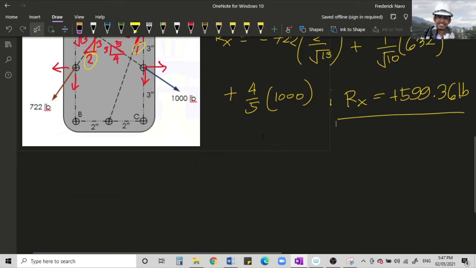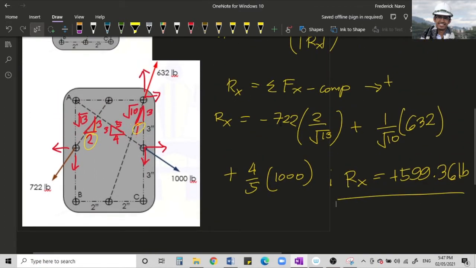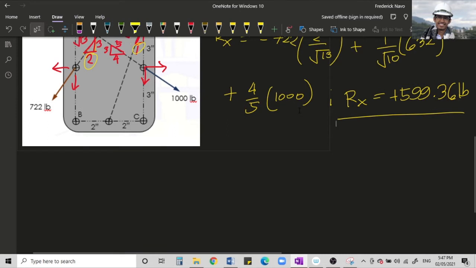So, next, kunin naman natin yung resultant niya along y axis, or that is equal to Ry is equal to summation of y components. Okay? So, dito na lang. So, that will be Ry is equal to the summation of forces along y component. So that will be upward positive.